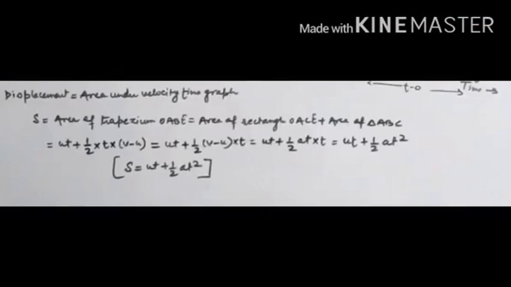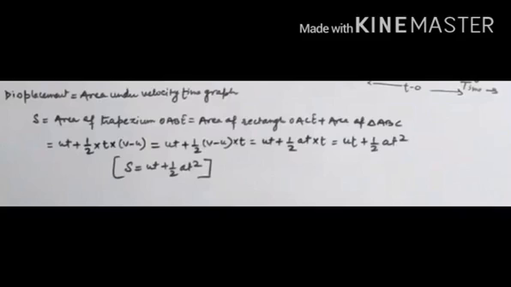Distance is equal to area of OABC, which is equal to area of rectangle OADC and area of triangle ABD, which is equal to OA into AC plus half BD into AD, which implies s is equal to u into t plus half (BC minus CD) into OC.